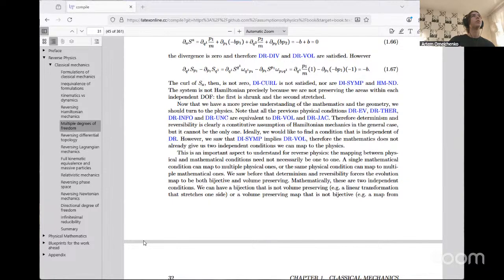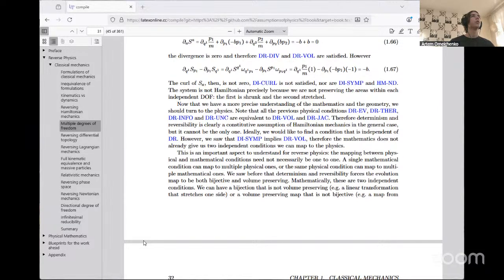And this one was uncertainty of the distribution. Those are equivalent to volume preservation and the Jacobian being unitary. Therefore, determinism and reversibility is clearly a constitutive assumption of Hamiltonian mechanics in the general case, but it cannot be the only one. Ideally, we would like to find a condition that is independent of DR.